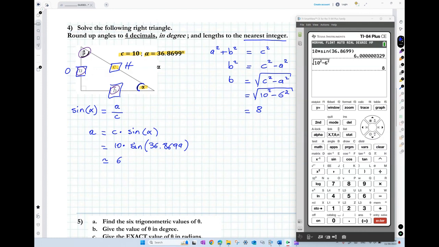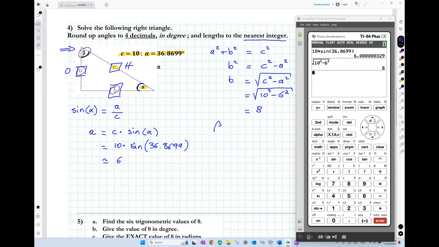Finally, I'm going to go for B, for beta. Now, here, since I've got alpha, I could very well subtract the 36.8699 from 90, and that will give me the value.